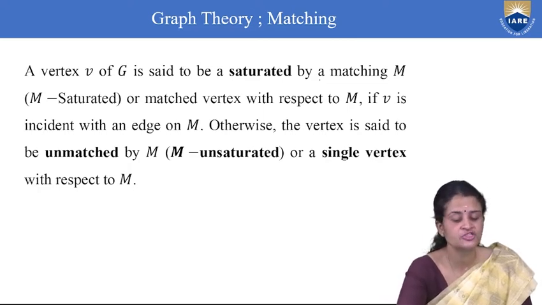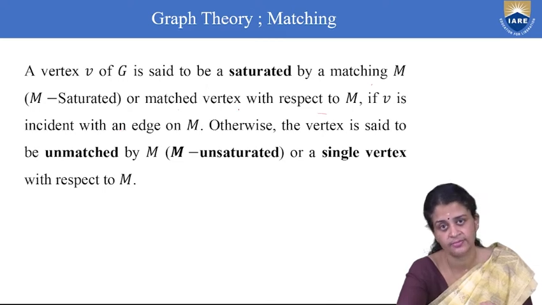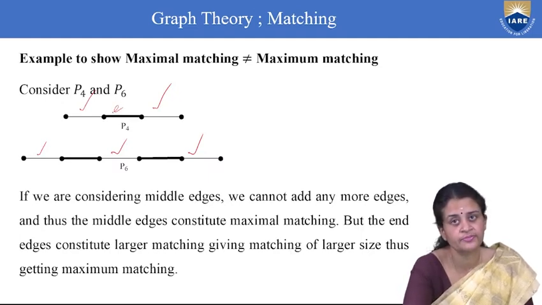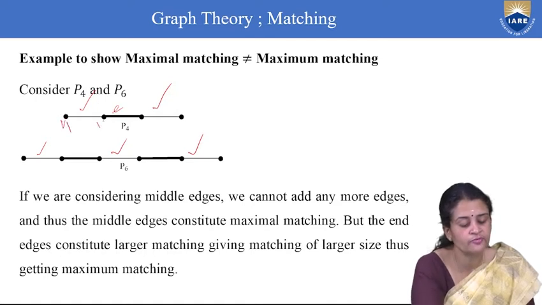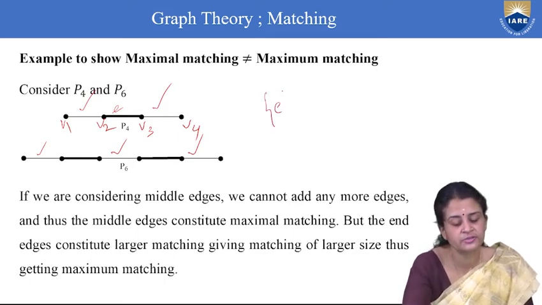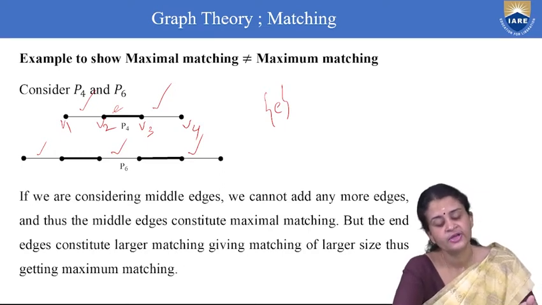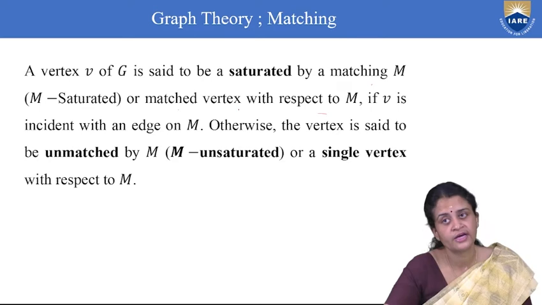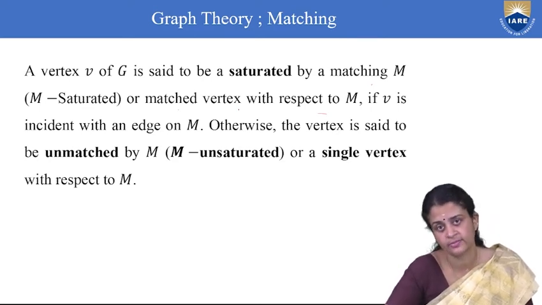A vertex V is said to be saturated by a matching M, or M-saturated, or a matched vertex with respect to M, if V is incident with an edge in M. That is, consider this graph with vertices V1, V2, V3, V4, and consider this edge E as the matching. Then V2 and V3 are said to be matched under that matching, or saturated with respect to that matching E. And V1 and V4 are unsaturated vertices, or unmatched vertices, with respect to M.